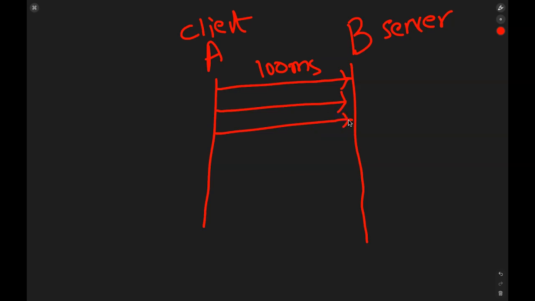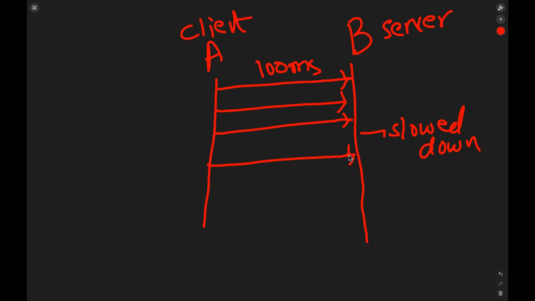As long as service B is fast, service A works just fine because it keeps getting back responses in 100 milliseconds. Now let's assume that at this point service B has slowed down for some reason. For every call you would set a connection timeout and a read timeout, right?